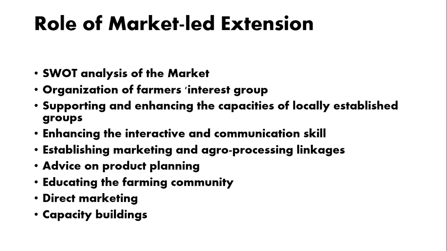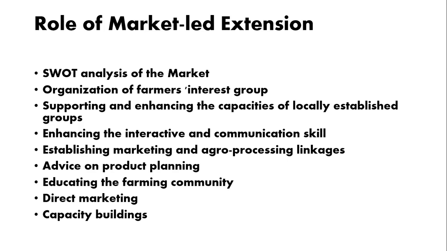And then he has to identify the interest groups, because if you have 5,000 farmers, the people interested in converting to market-led will be very limited, less than 10%. So he should have that knowledge and identify organizations in the interest category, right?